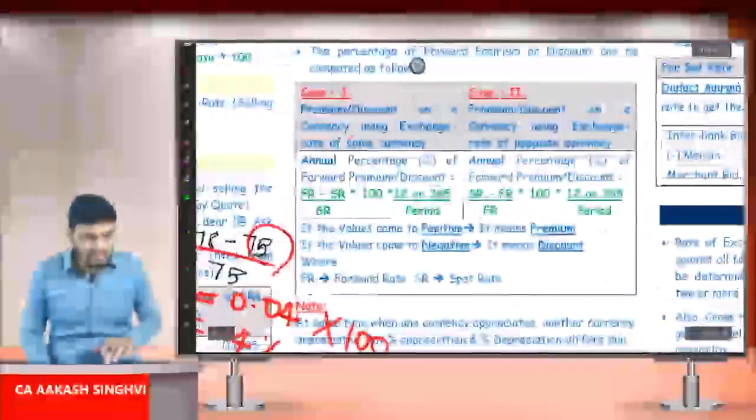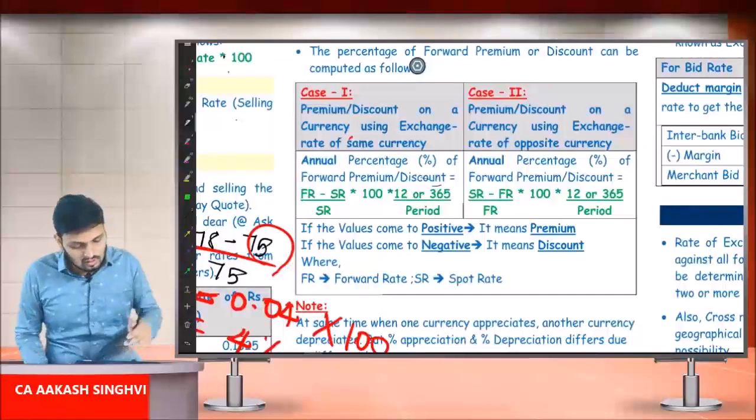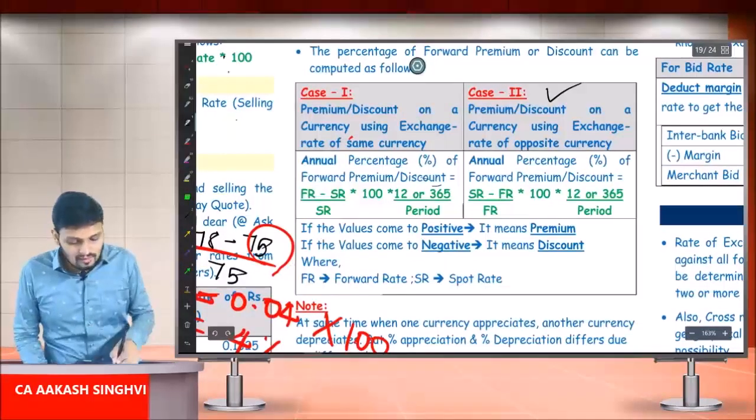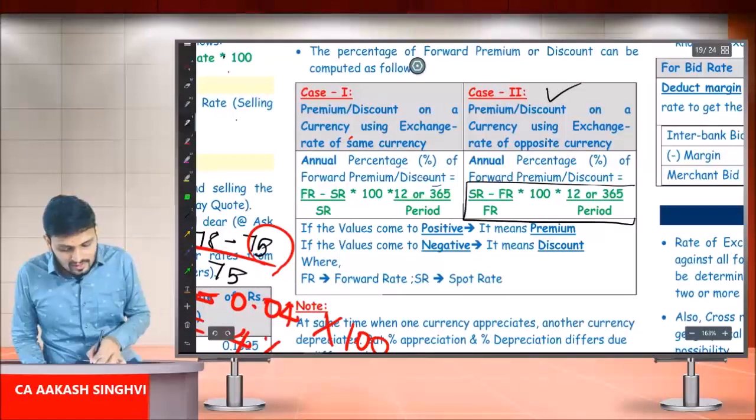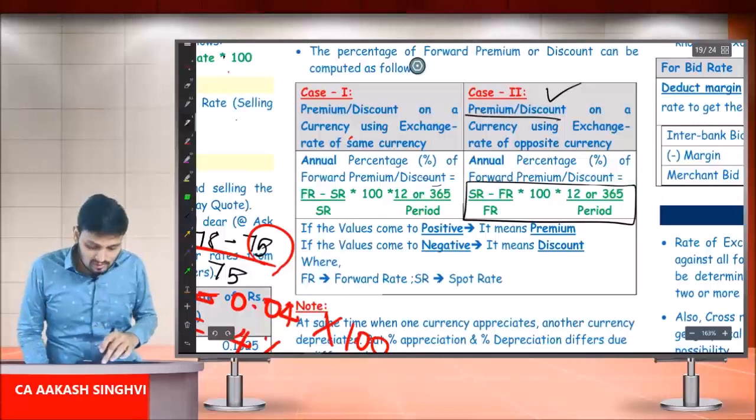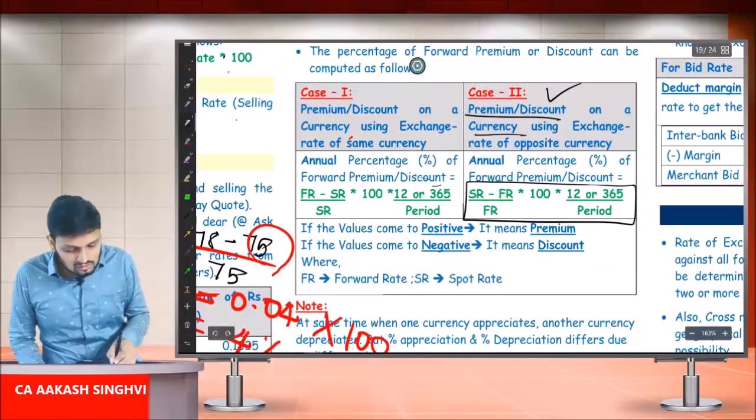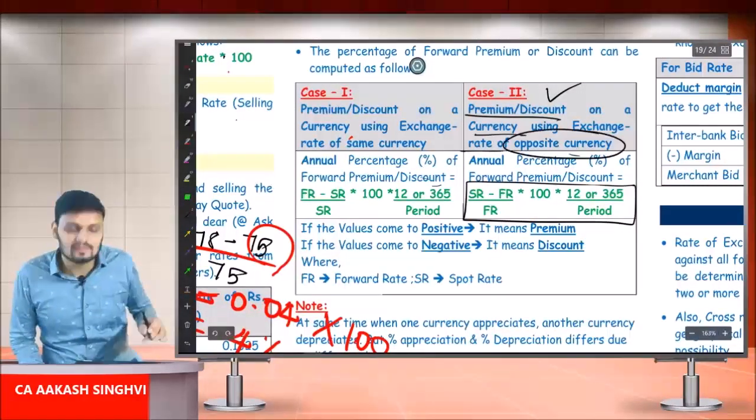Now coming to case 2. In case 2, the formula is different. If we have to find out the premium or discount on a currency using the exchange rate of the opposite currency.